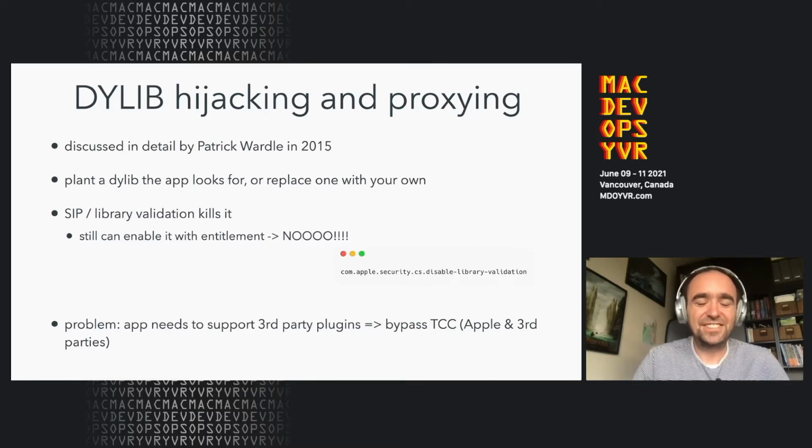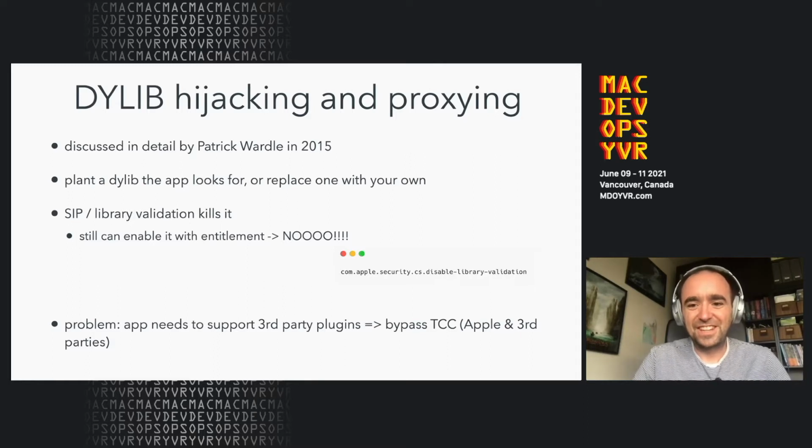But the idea is that the application will load our dylib. Since we have System Integrity Protection, the same rules apply. It will not be allowed. Also, if the application is compiled with library validation, it will also not be allowed unless the dylib is signed with the same developer certificate.